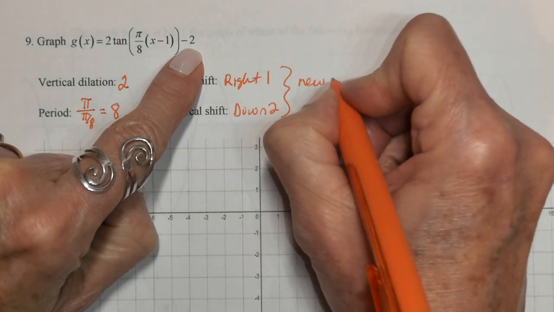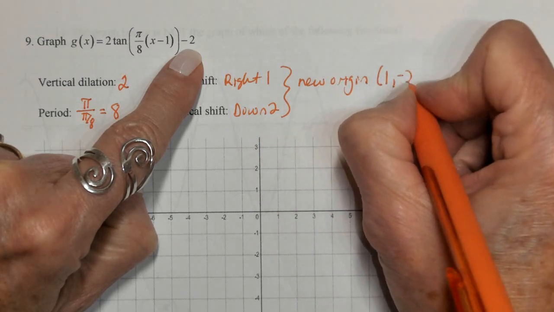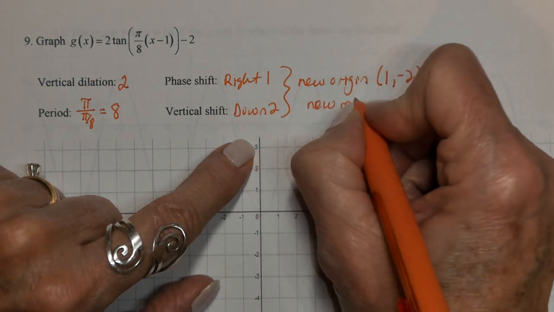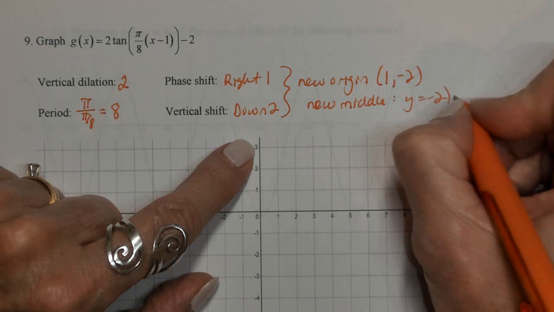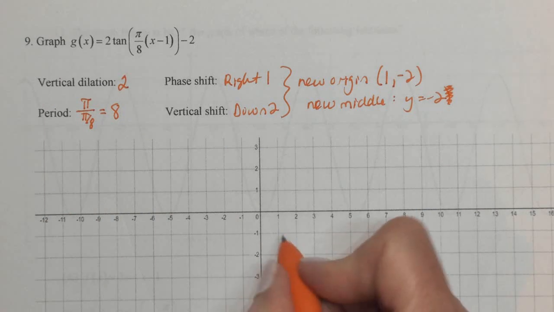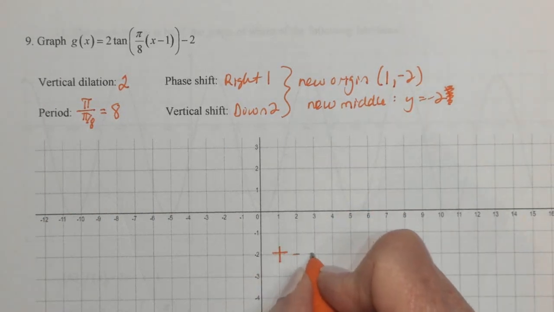New origin, positive 1, negative 2. New middle line, y equals negative 2. No parentheses. Okay. 1, negative 2 is our new origin. And then our new middle line.